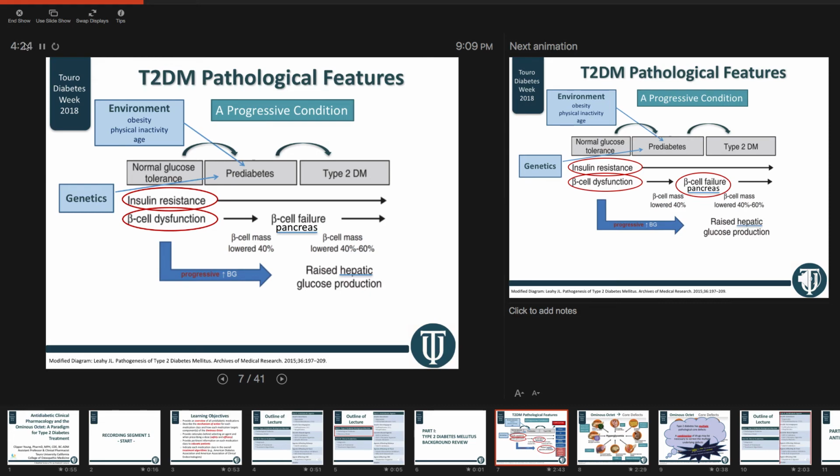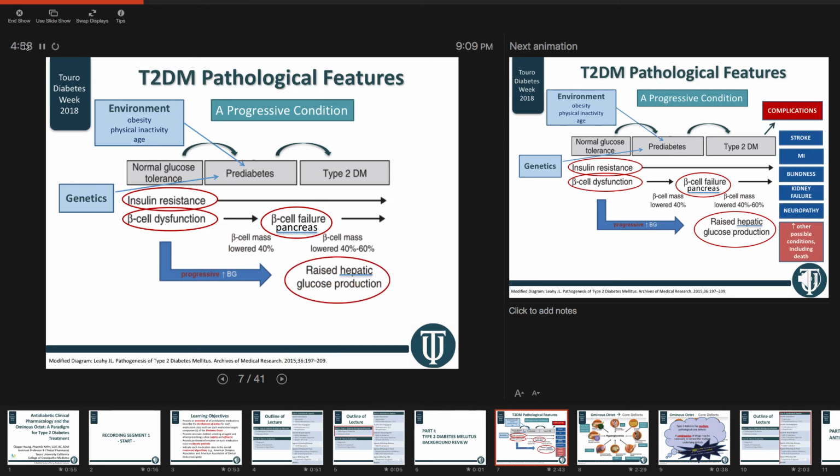There are a few factors that we look at. Insulin resistance, that means our body is not responding to our own insulin. Or maybe there's something wrong with the pancreas. To be even more specific, beta cells stop producing insulin. And at some point, if many of the beta cells fail to produce insulin, then we will get to type 2 diabetes.